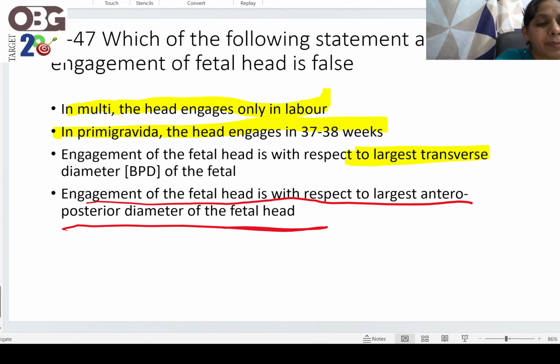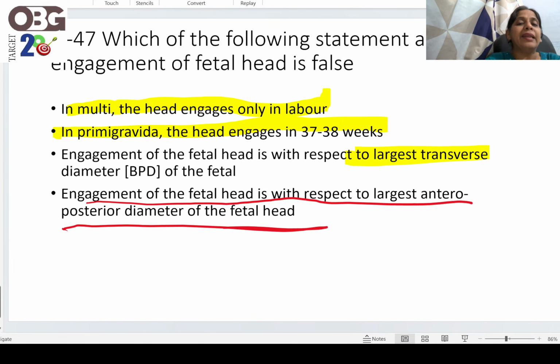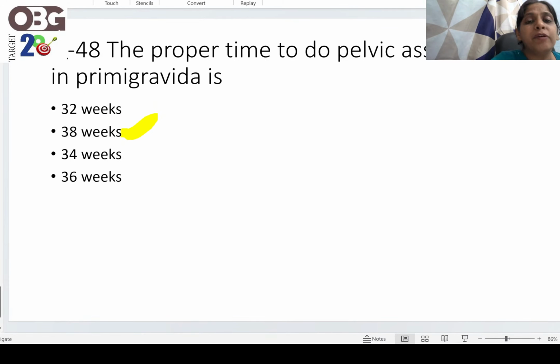So you have to remember this. The proper time to do pelvic assessment in primigravida is B, 38 weeks, because we already mentioned that the head engages in primigravida at 37 to 38 weeks. So only then we will do the pelvic assessment after the head has engaged.